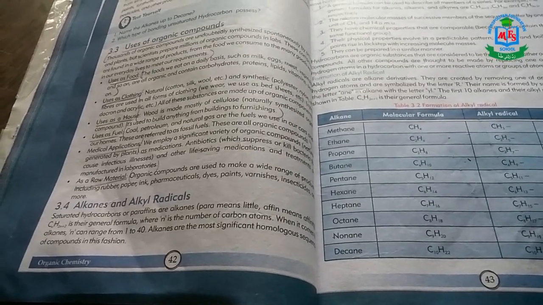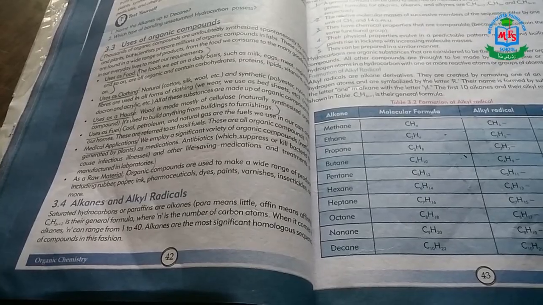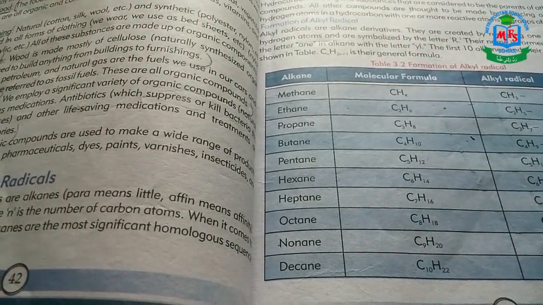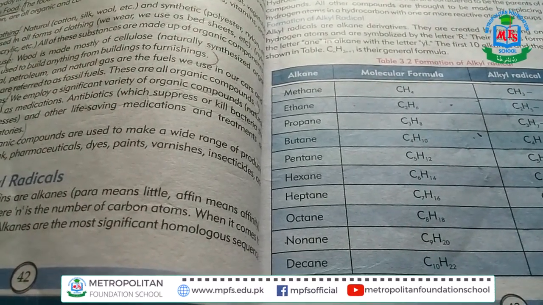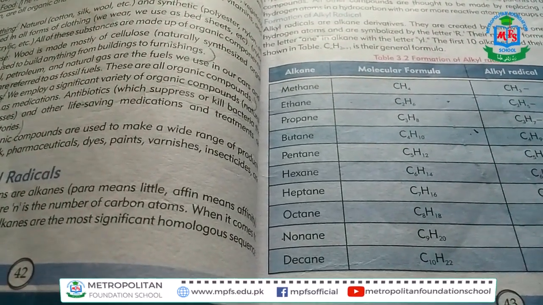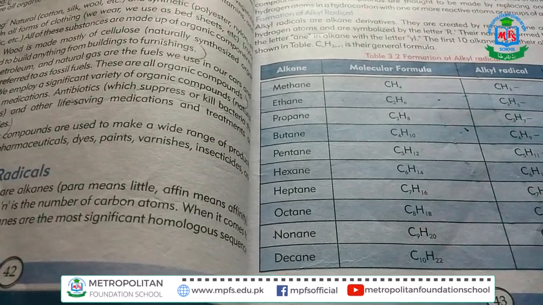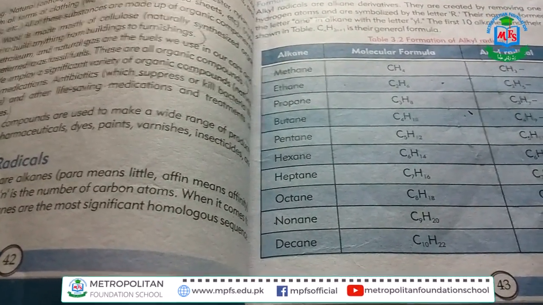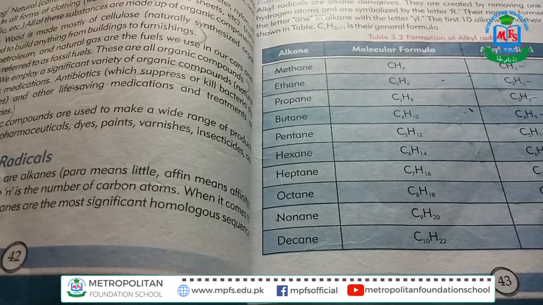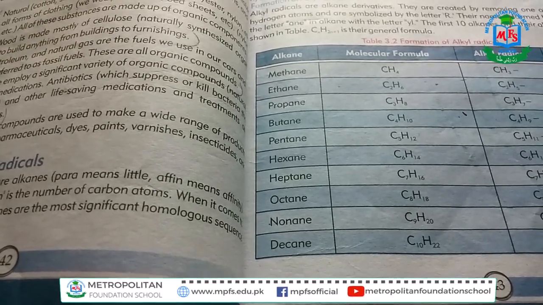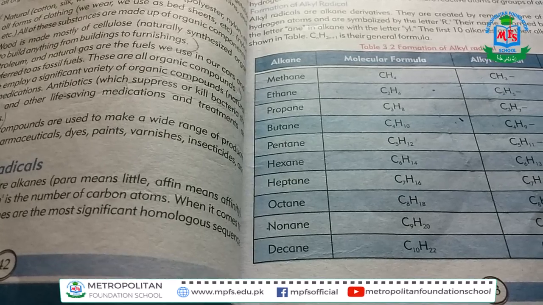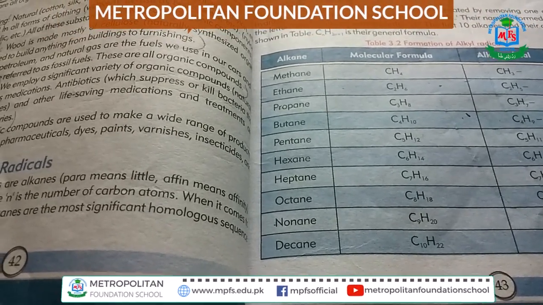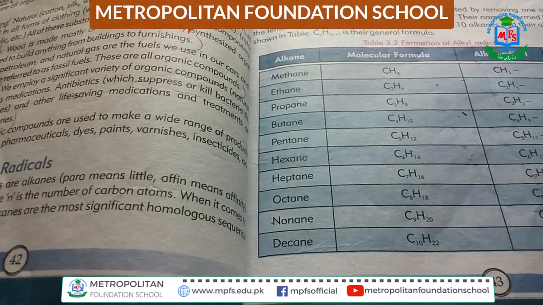If we study the molecular formula of ethane, then we find 2 carbon atoms linked together with 6 hydrogen atoms. So the molecular formula of ethane is C2H6.